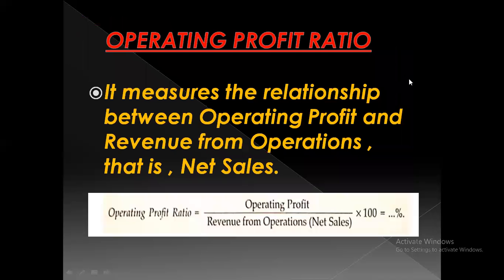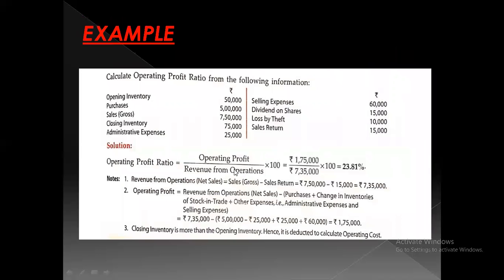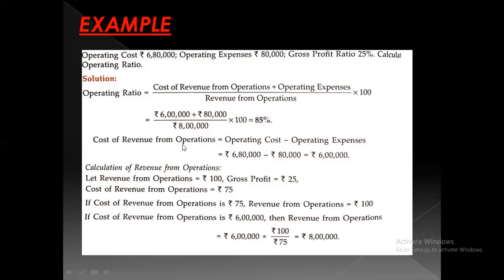So this will become 8 lakh. So now cost of revenue from operation plus operating expenses are 6 lakh plus 80,000. 6,80,000 divided by 8 lakh into 100, it will become 85%.